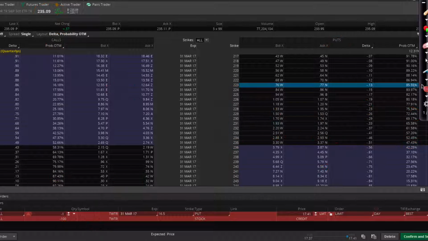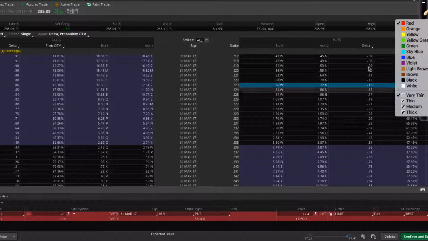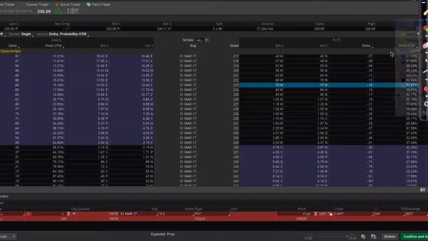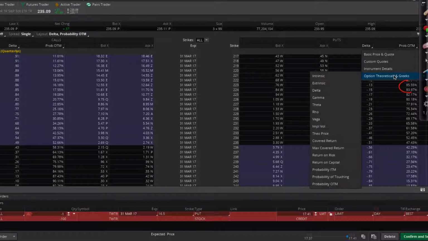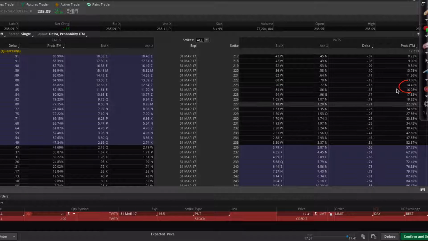Now, it's also represented by delta. I already talked to you, we've been selling these 30 delta options. A 30 delta option is about half a standard deviation. If we look here, probability in the money, 85%. If I change this back here for a moment to probability ITM, look, the percentage and the delta are very close to each other. So I just use delta, okay?